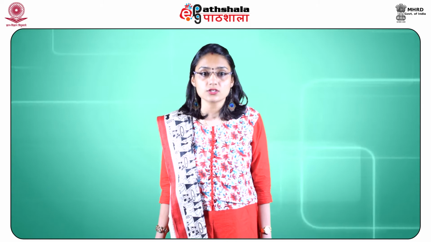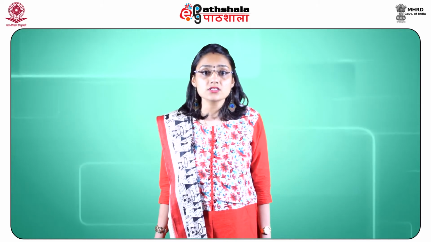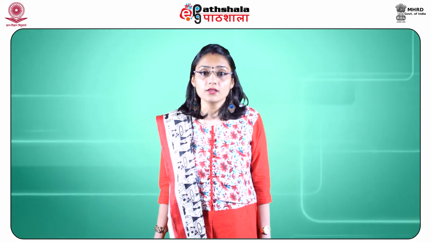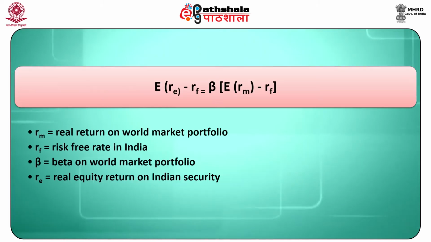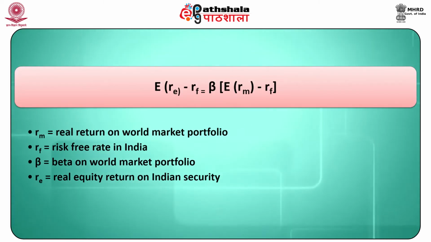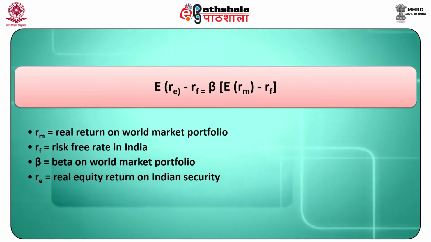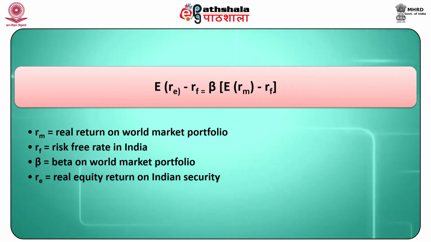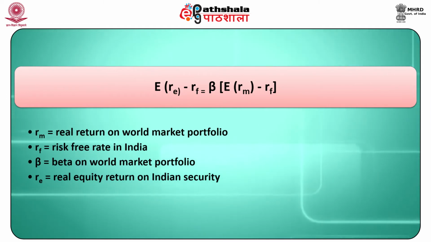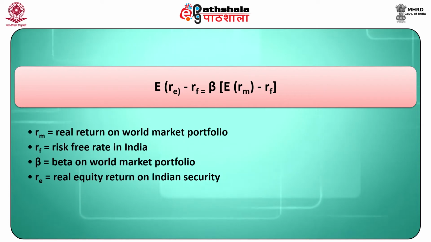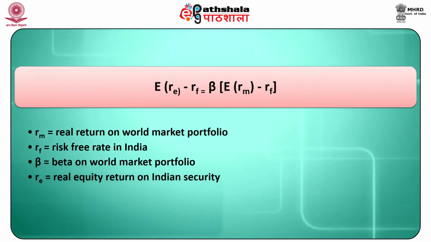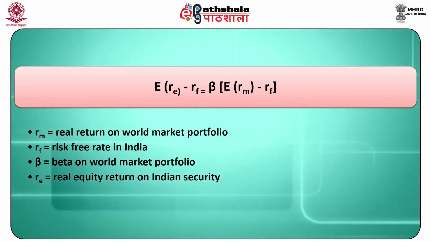Suppose RE is the real equity return on an Indian security and RF is the risk-free rate in India, then the World CAPM states that E(RE) minus RF is equal to beta into E(RM) minus RF, where RM is the real return on the world market portfolio, RF is the risk-free rate in India, beta is the beta on the world market portfolio and RE stands for the real equity return on the Indian security.